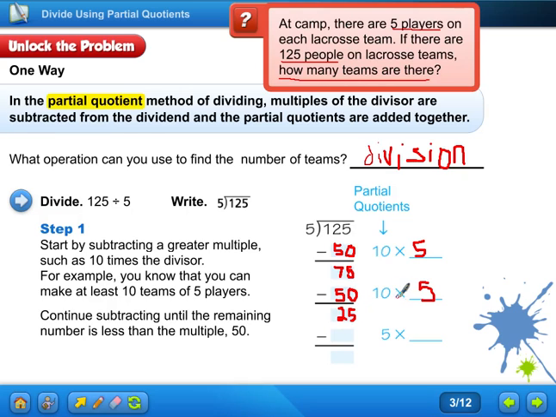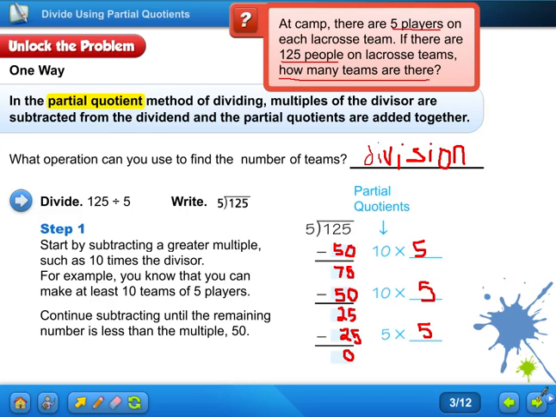Now I cannot subtract another 50. Too many. I only have 25 left. So I know 5 times 5 is 25. Do I have any players left now? Nope. I have 25 minus 25, which is 0.